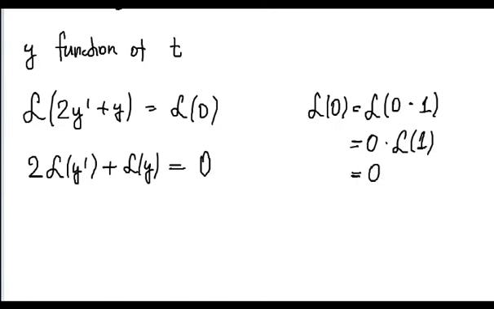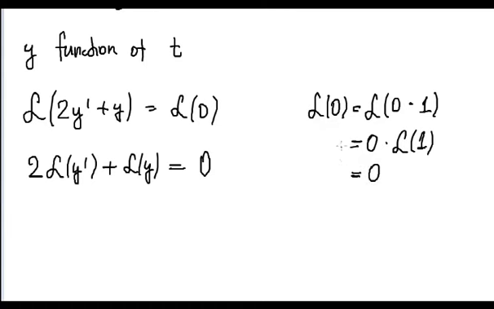Another way of thinking about this is to present 0 as a linear combination, but an empty linear combination, which always evaluates to 0. And then Laplace transform of the linear combination must be equal to the linear combination of transforms. In both cases, we have an empty combination. So in the first case, we have the 0 inside the transform. In the second case, we have the 0 as the final expression.